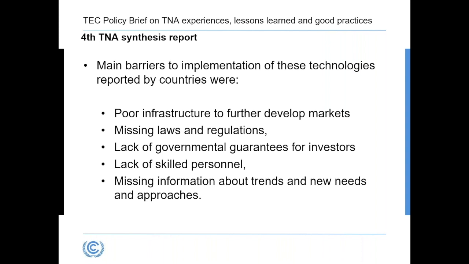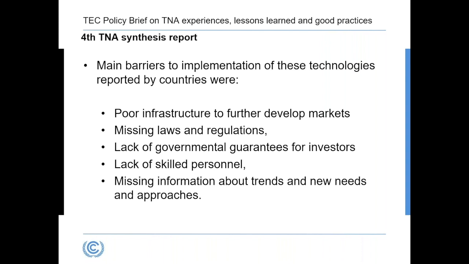So when we look at a little bit of the barriers which were reported, for example, a poor infrastructure to further develop markets, and I look a little bit also at the African region, missing or lacking relevant laws and regulation, lack of governmental guarantees for investors, lack of skilled personnel, or missing information about trends and new needs and approaches.